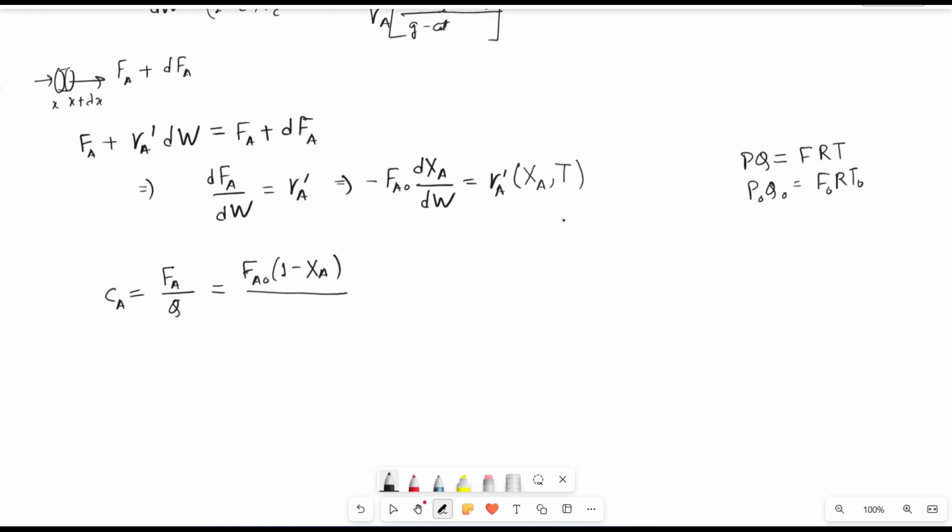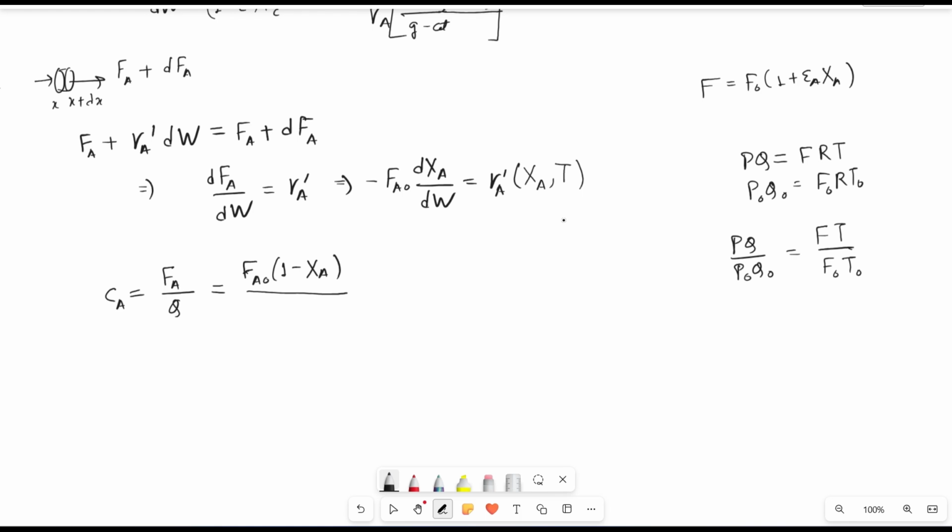Now if we divide these two equations, we get PQ by P naught Q naught equal to FT divided by F naught T naught. Now we know that F is equal to F naught (1 plus epsilon A XA) for a single reaction.